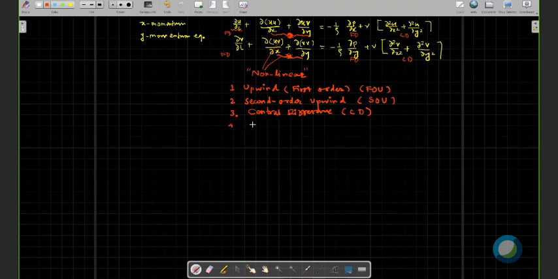Then there is a method called the QUICK method, quadratic upwind interpolation for convective kinematics.